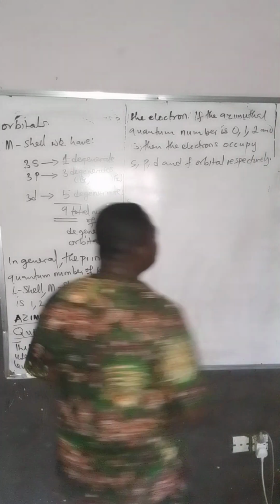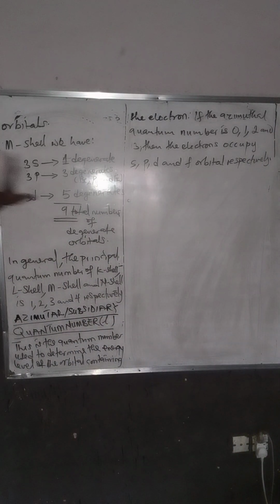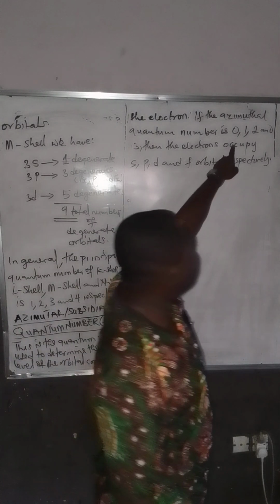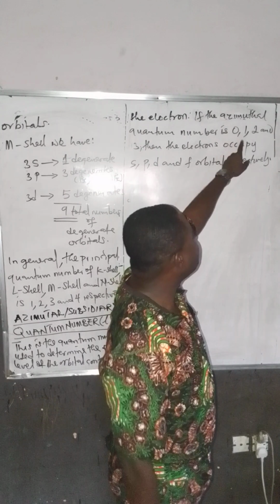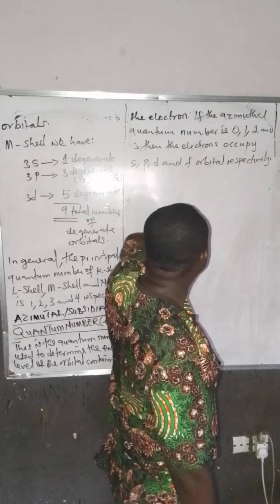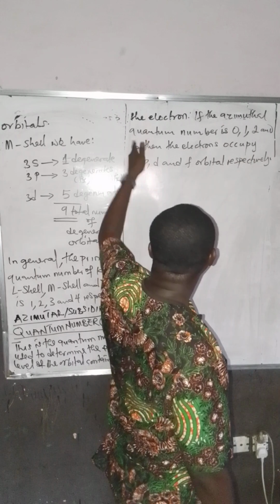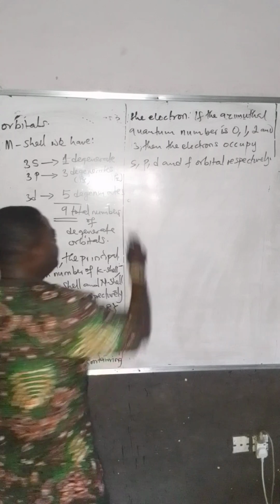What am I trying to say? There is a formula I'm going to give that we use to calculate the azimuthal quantum number. If your answer is 0, it means that orbital is an S orbital. If your answer is 1, it is a P orbital. If 2, it is a D orbital. And if 3, it is an F orbital.